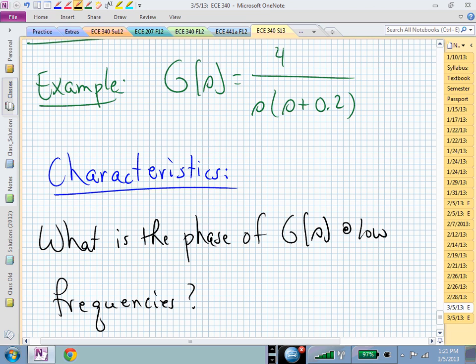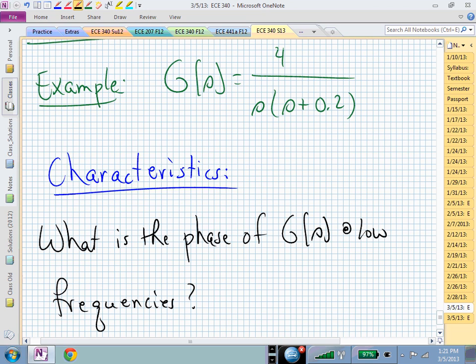So that's really low. We have something happening at the origin. We have a pole at the origin. So now let's see, what's our next lowest frequency? Now it's 0.2. Well, maybe we go a decade before that, and we say, oh, that's 0.02. So I'm considering low frequencies to be something less than 0.02.